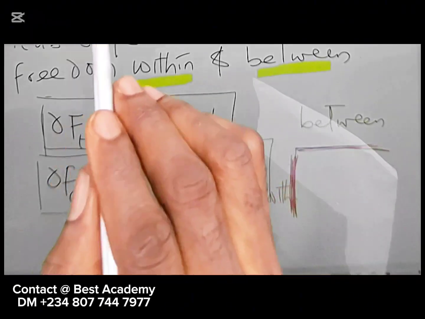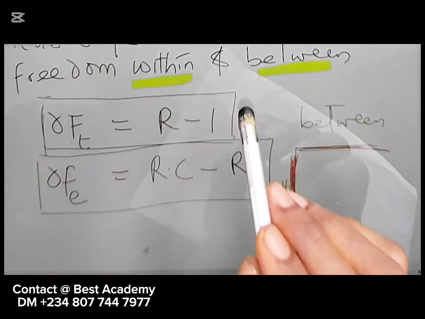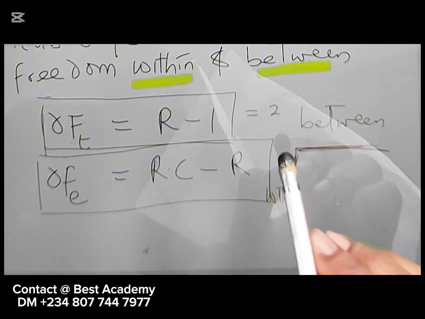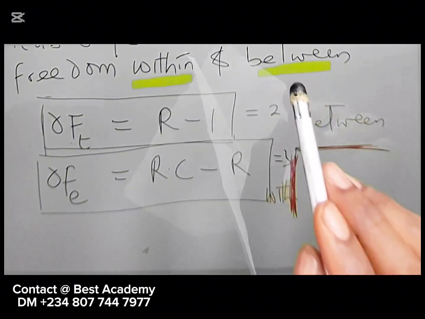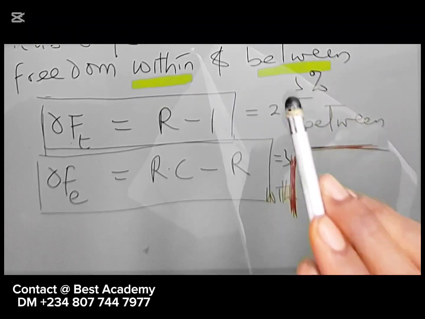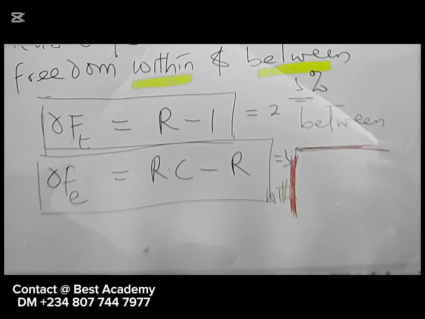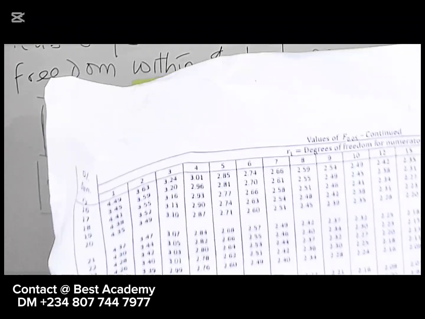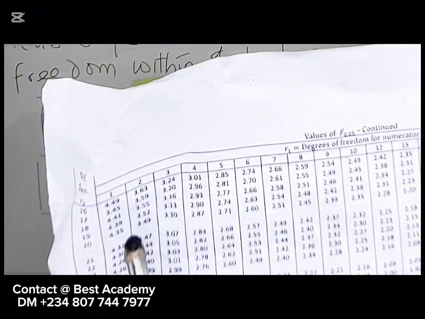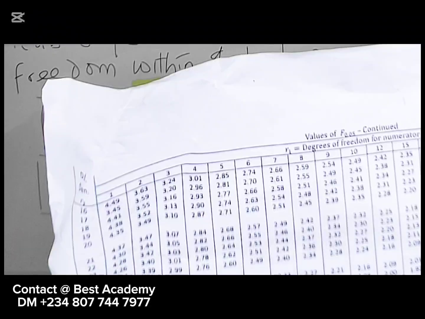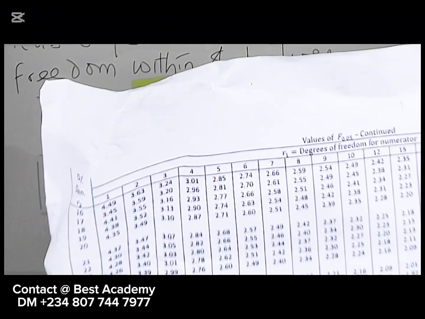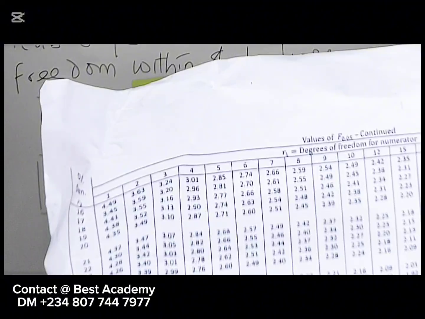So if I have calculated the degree of freedom and I have this to be 2 under assumption, and I have this to be 3, to check for maybe 5%, I will use the one of 0.05.